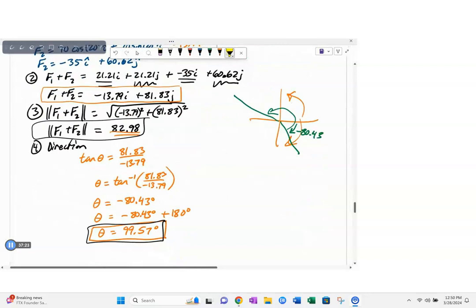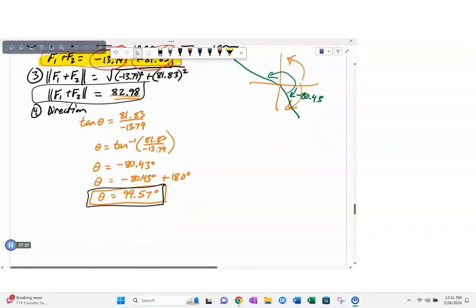Here is our resultant force, but we need the forces to add to 0. So we would need a positive 13.79 and a negative 81.83. That's the additional force needed.